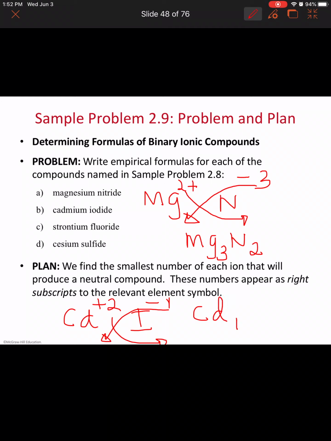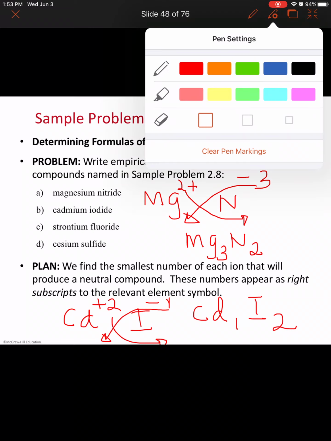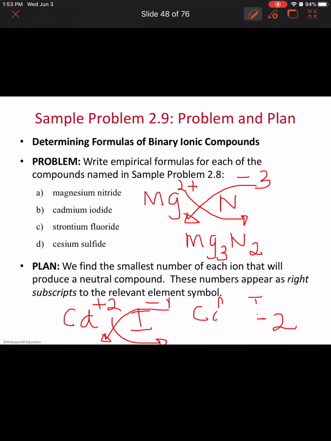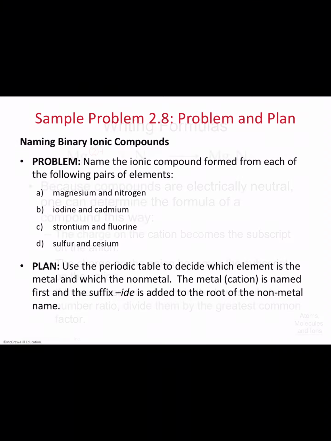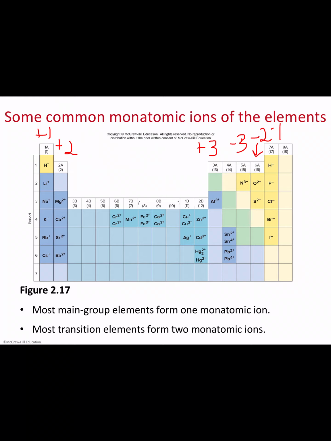Once you figure out the charges, then you crisscross them. That will make it Cd1I2. Normally we don't write it when you have just 1. So you can remove that and write CdI2. That's cadmium iodide.